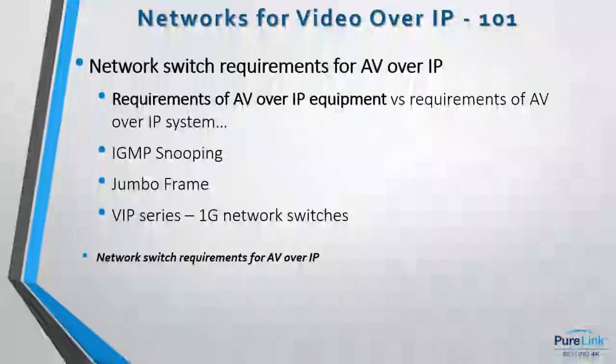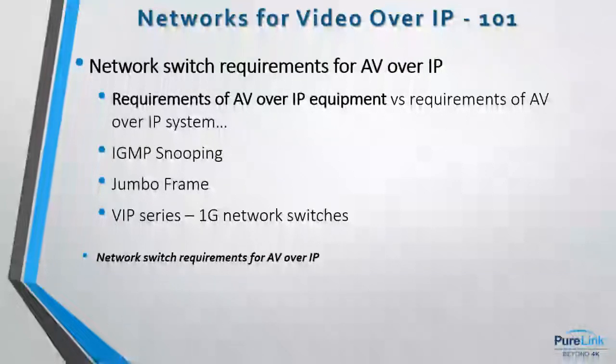So the first one is IGMP snooping. I have a slide that explains snooping in more detail, so you have it as a reference, but it's ultimately just an intelligent way for the switch to figure out what devices are asking for that multicast stream and making sure only the ports on the network switch that those devices are connected to are receiving that stream. So this is a form of traffic management.